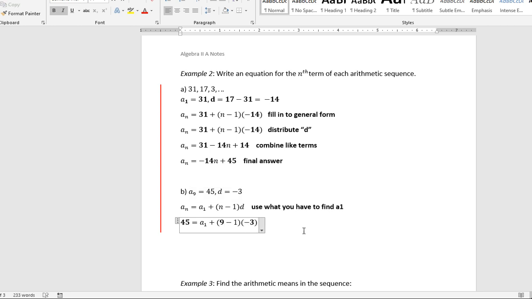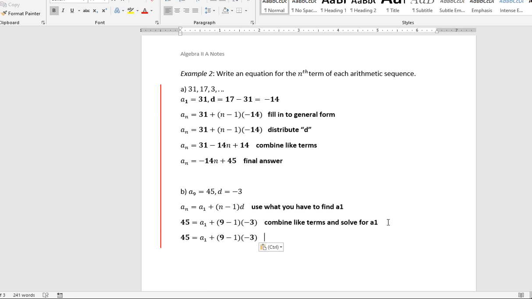Okay, so we're going to combine like terms and solve for a sub 1. So let's see what we can do. All of this becomes 9 minus 1. Okay, that's 8. 8 times negative 3, that's minus 24.